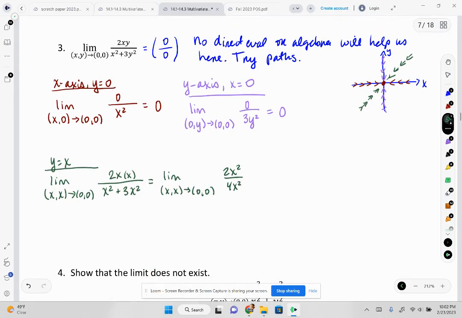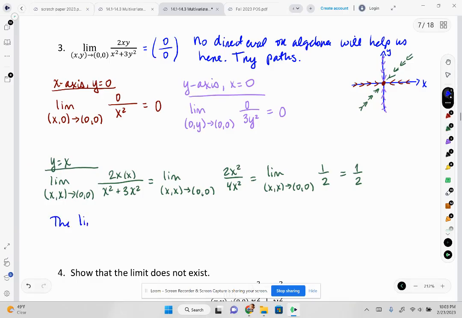Now, that fraction totally simplifies, and you should simplify it. Anytime there are things that will cancel out, go ahead and do it. So when I do that, I get the limit as (x, x) approaches (0, 0) of 1/2. And the limit of a constant is a constant, so our value is 1/2. So we tried a different path and we got a different limiting value.